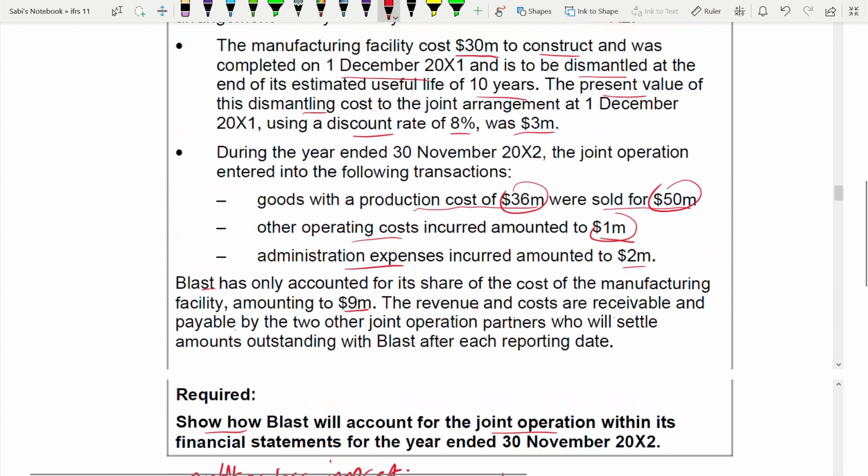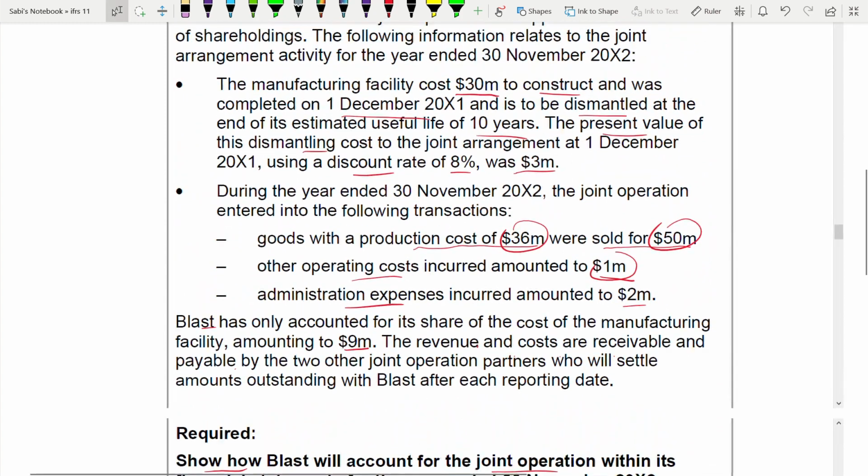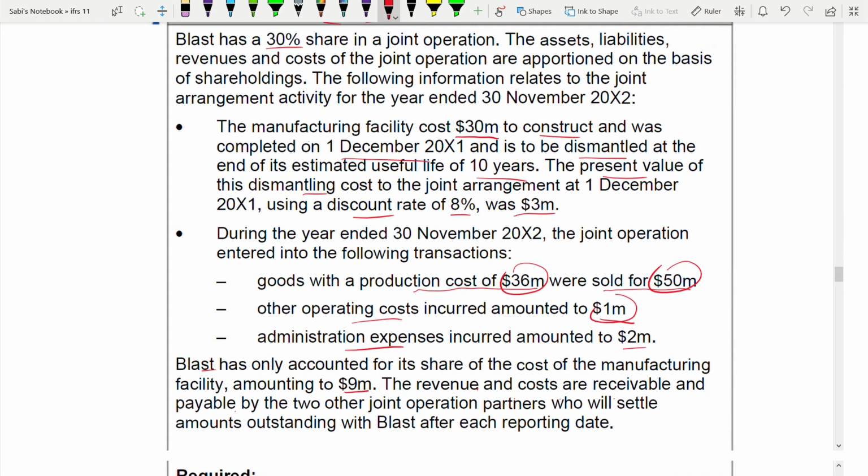Now let's come to depreciation. To find depreciation, you have to find the amount of the non-current asset. The non-current asset in this case is the manufacturing facility. It costs 30 and the dismantling cost is 3, which is the present value. So you have to add the dismantling cost to the manufacturing cost.